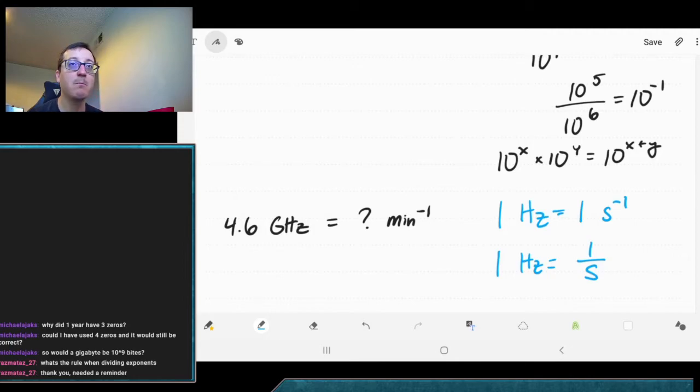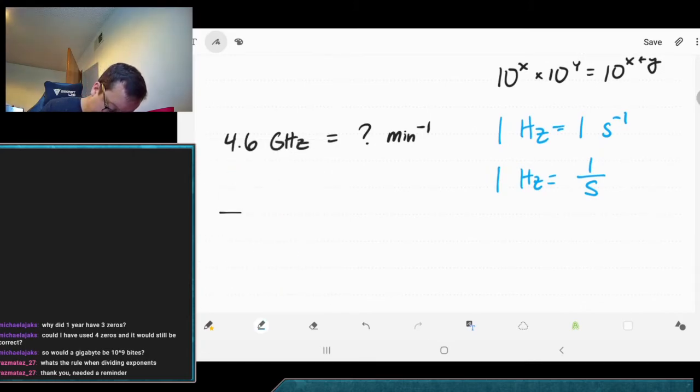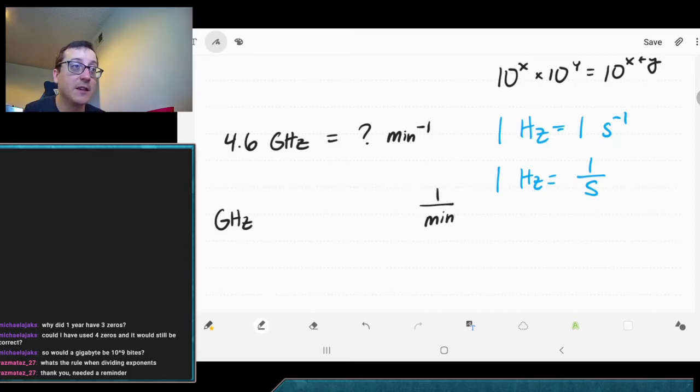Let's think what we might need in terms of plan here. Gigahertz is what we're starting with. We're ending up with 1 over minute, or minute to the negative 1 power. Those are the same. Let's think how we might do this.